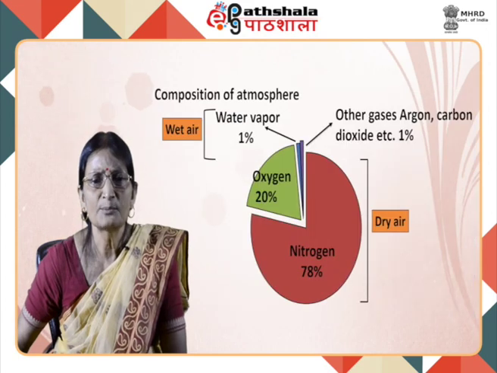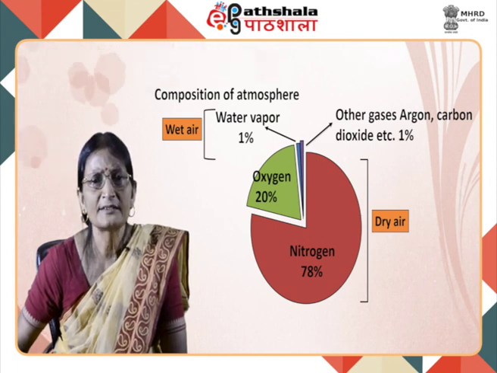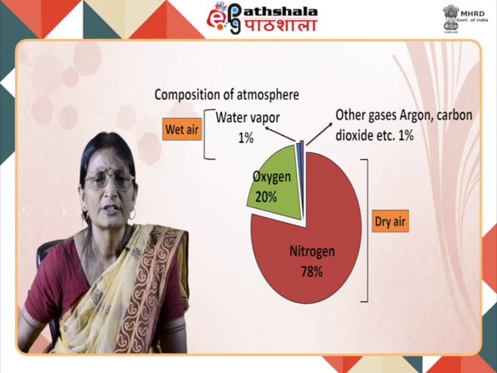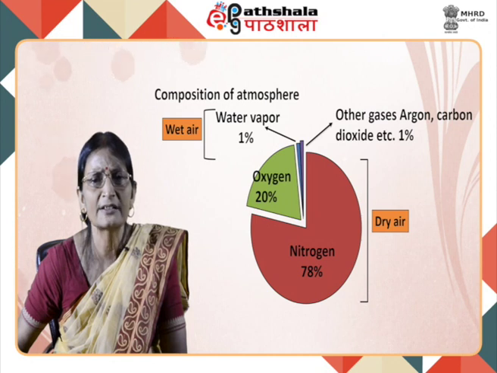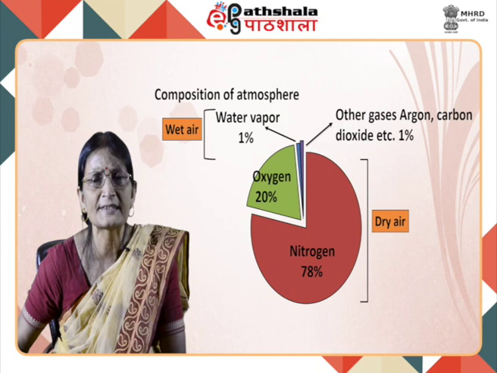So the Earth's atmosphere, as we already said, is made up of air. Air is a mixture of gases. The major components of air are nitrogen and oxygen. There are some minor constituents such as argon and some trace constituents, which are the other noble gases and carbon dioxide.